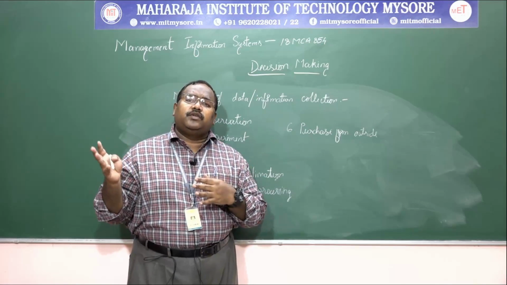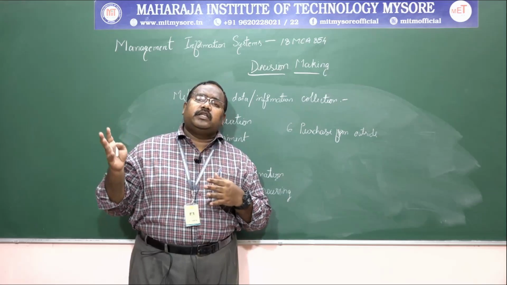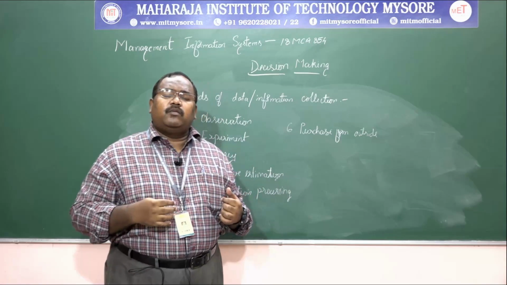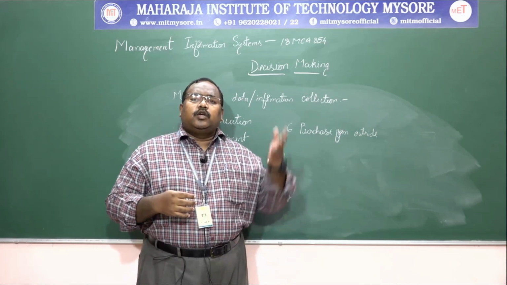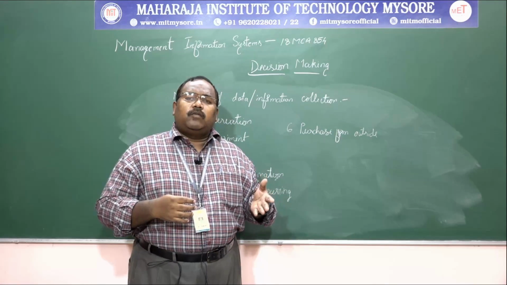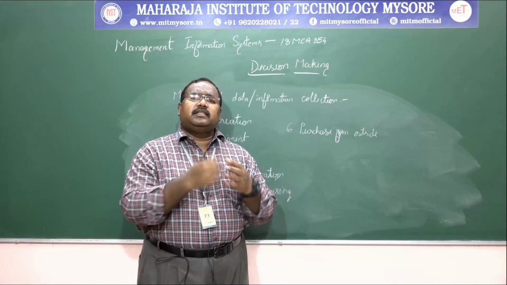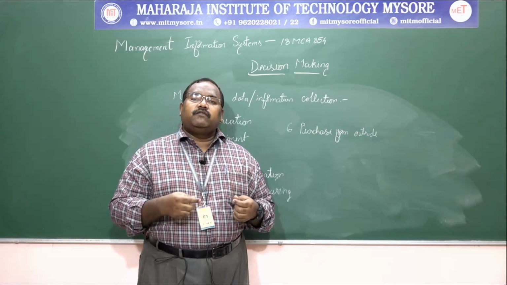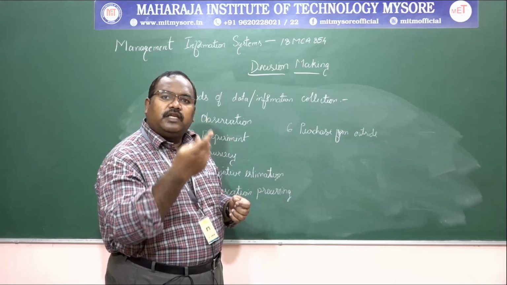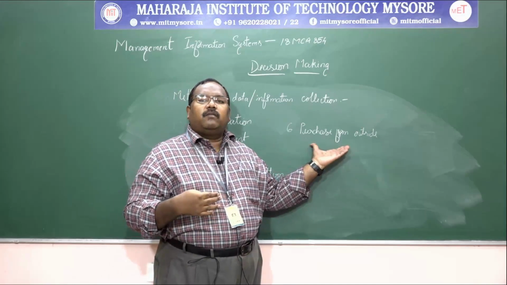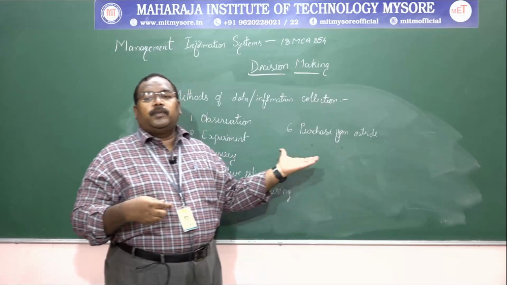There are a lot of survey institutions or various organizations that have collected this kind of information, like top colleges of India, top industries in India, top manufacturers of India. They have done the survey. So if you want that information, we are supposed to pay a nominal fee and purchase the information from outside. So this is also one more method.